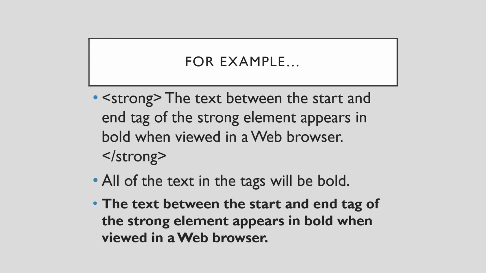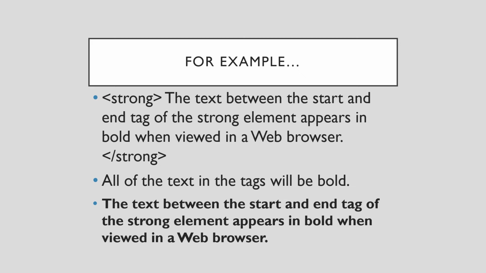So for example, I give you strong. The text between the start and the end tag of the strong element appears in bold when viewed in a web browser. All of the text in the tags will be bold. So the tags essentially say, hey, I want to start doing this like this. Since we use strong here, it's saying, hey, the next part is going to be in bold font.